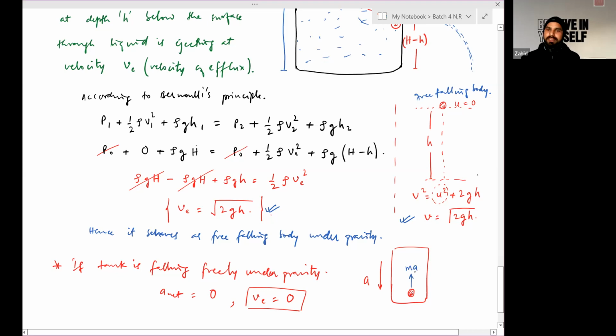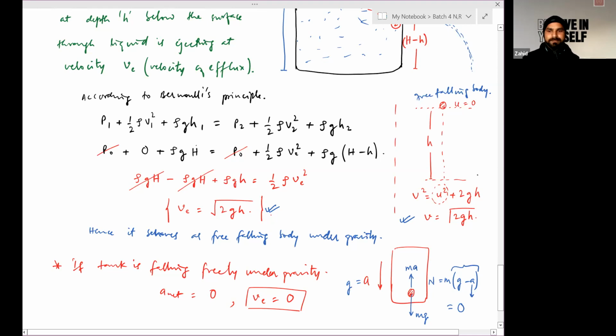So it will be accelerated in the upward direction by m times a. Since it is also acted upon in the downward direction by mg, the net force acting on this body will be m times g minus a. In this case, it will be termed as the normal reaction or weight of the body. Now suppose a equals g. So a will be replaced by g, and this entire expression will become 0. It means the net acceleration on this body, which is enclosed in a freely falling system, will be 0.